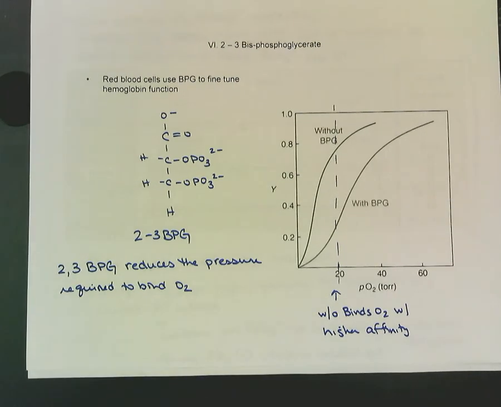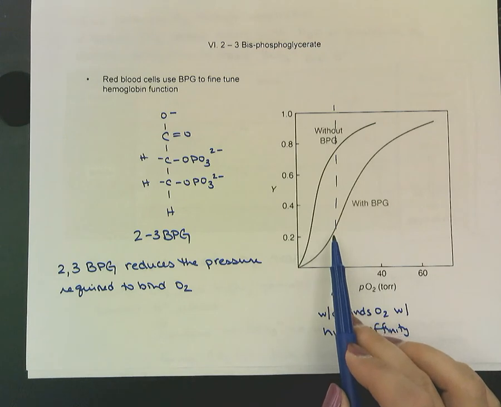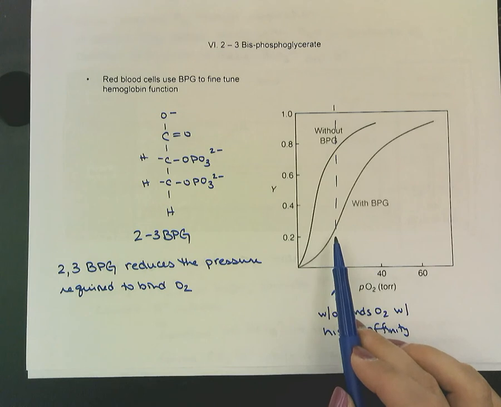So you can see from my little graph here that 2,3-BPG reduces the pressure required to bind oxygen, right? It lowers the whole curve.